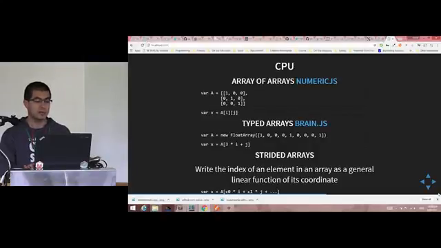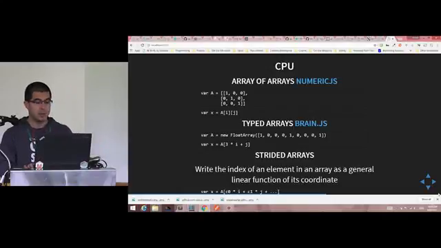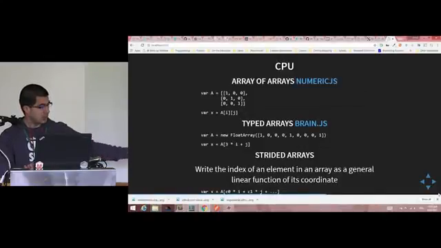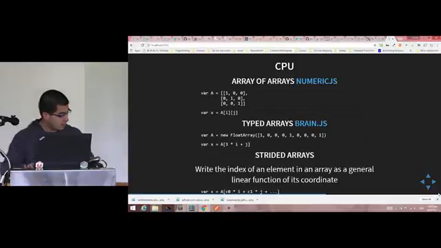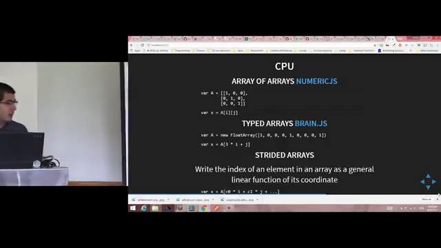So there is a compromise where this index, the 3 in my example here, is actually a general linear function.